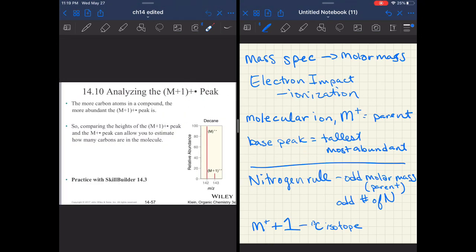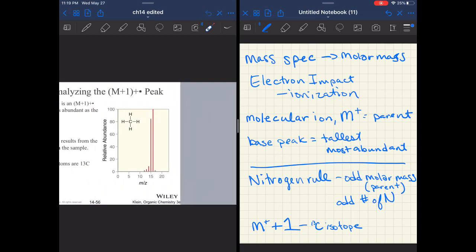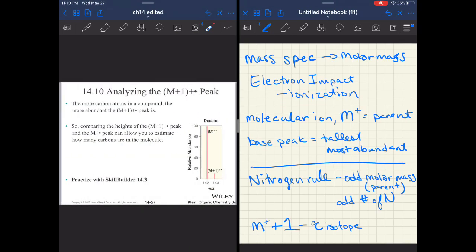If you have more carbon in your compound, so in methane, you're going to see the M+1 peak at about 1%. However, as you add more carbon, the likelihood that you're going to get a C13 increases. And so you can see with decane that the peak is much bigger on that M+1.